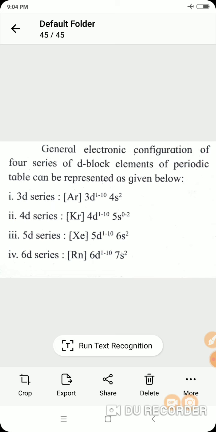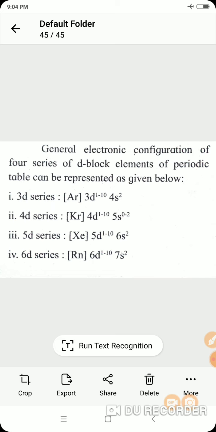The 3d series has [Ar] 3d1 to 10, 4s2, where 1 to 10 represents the electron number.